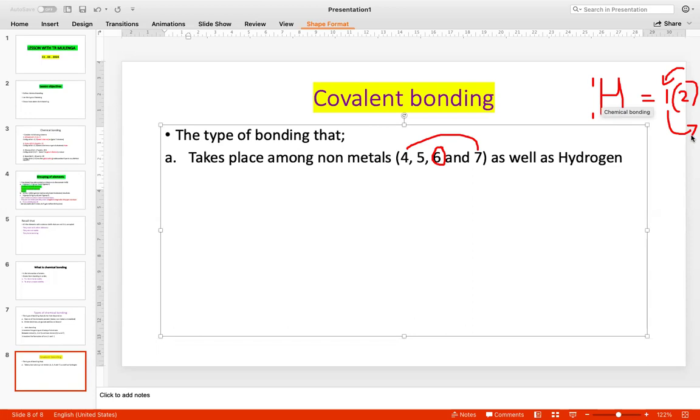It can gain electrons, it can lose electrons, or even share. Though in most cases, the tendency of hydrogen gaining is minimal, for reasons we're going to discuss ahead. So it's either it loses or it shares. And because sharing is part of what hydrogen is also expected to do, that's why we have included hydrogen here.